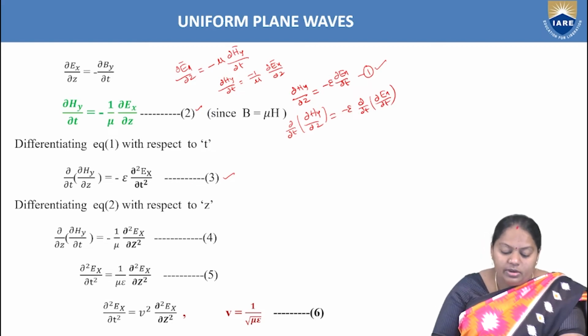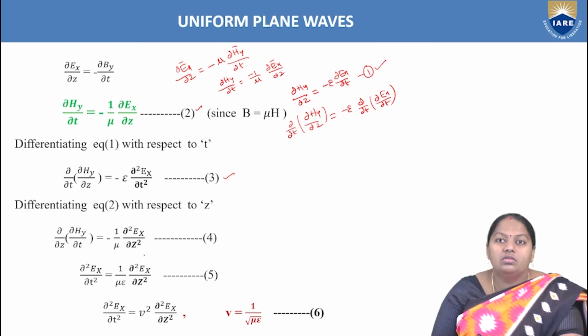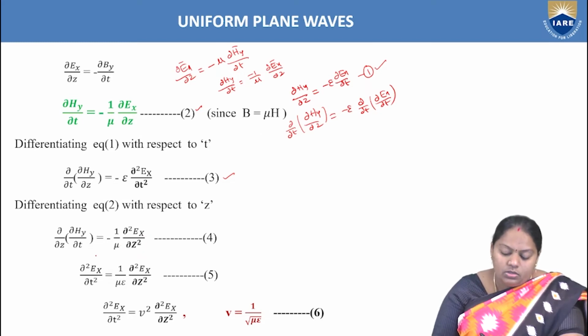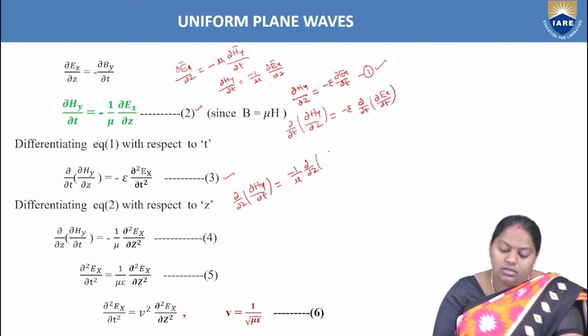Then the LHS becomes ∂/∂z of ∂Hy/∂t, equal to minus 1 by mu into ∂/∂z of ∂Ex/∂z.